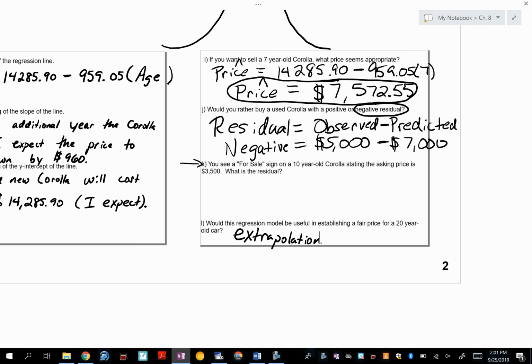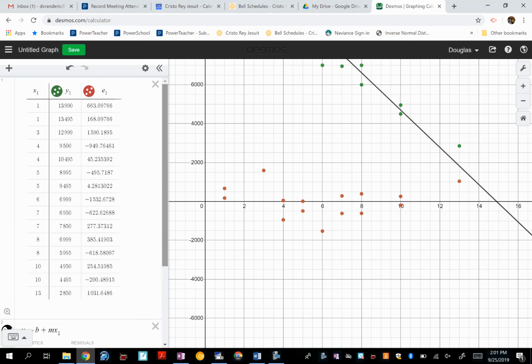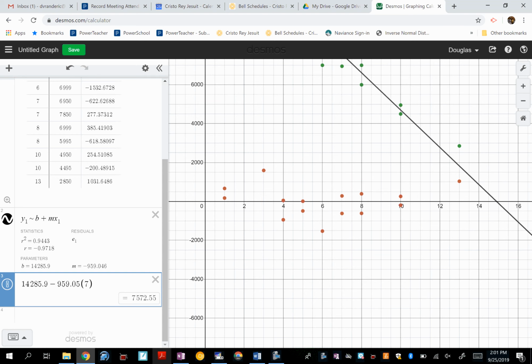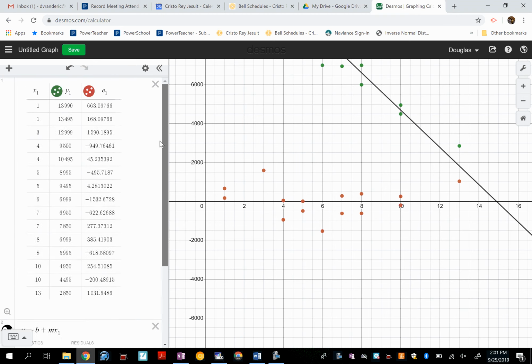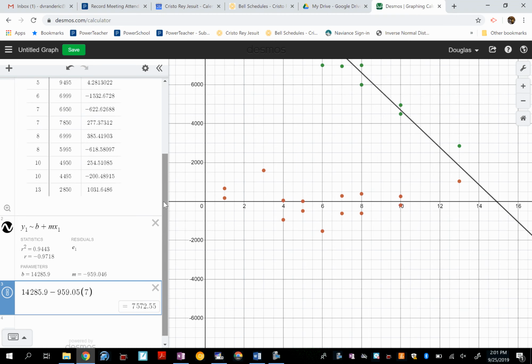And if you plugged in 20, you want to see what happens when you plug in 20? Let's see. About extrapolation, it means that if you go past your X values in your data. I had a 1-year-old car as the newest car that we were talking about, and a 13-year-old car was the oldest. So if I go past 13, or even before 1, then I'm in an extrapolation area, and you could get into trouble.